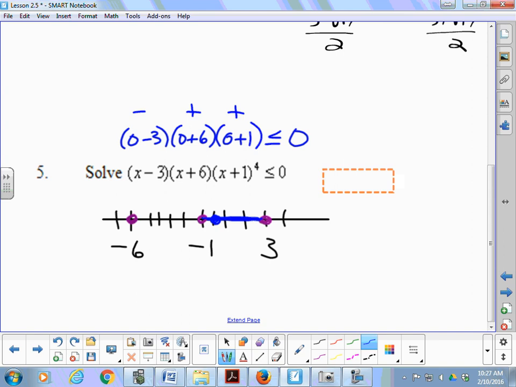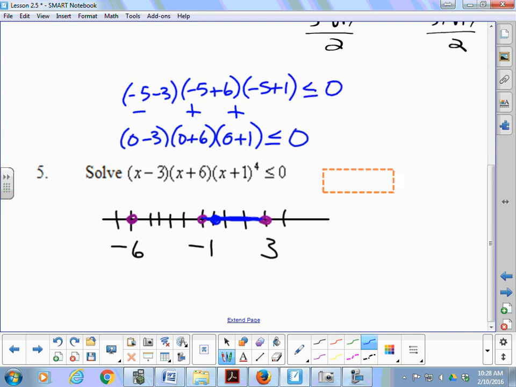Now I need to pick a number over here. What's a nice number between -1 and -6? I don't care, whatever you like, because all I care about is negatives and positives when I simplify. Chris said -5, so I'm going to go with -5. So -5 minus 3, -5 plus 6, -5 plus 1.